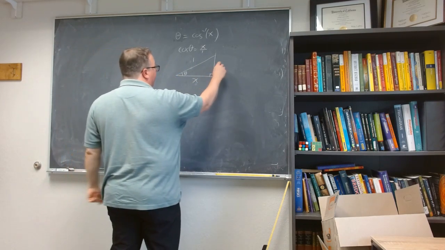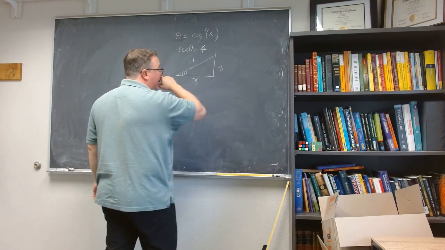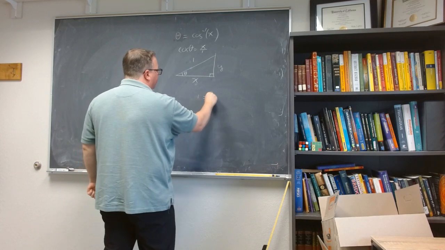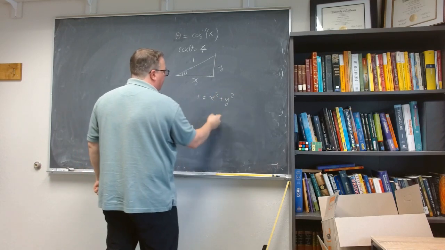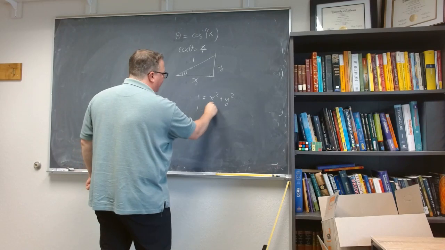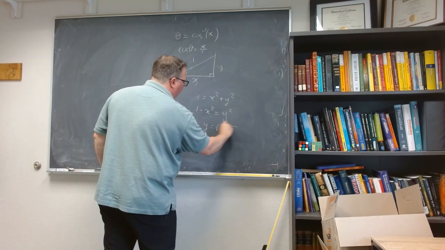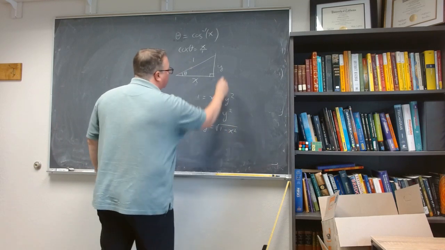And we have, if this is my y and I solve for y, I'm going to get that 1 equals x squared plus y squared. And so I get 1 minus x squared equals y squared. So that y is the square root of 1 minus x squared.